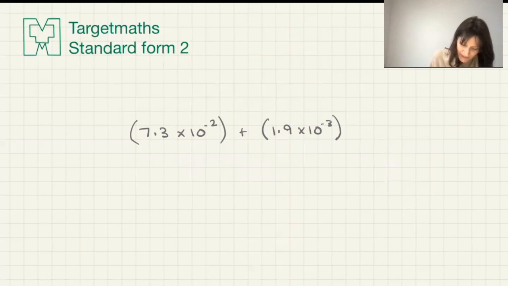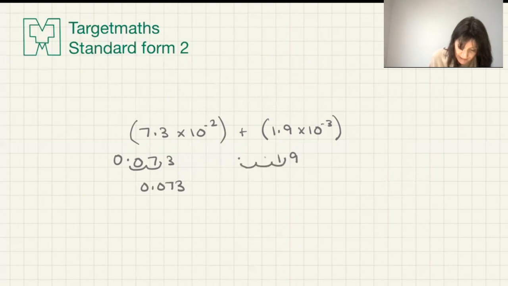Okay, so this question is 0. Well, let's not just write the answer, let's do it properly. So we've got 7.3. We're going to make it smaller by 1, 2 movements. I've got a bucket to fill, so I've got 0.073. I've got 1.9. This is 3 movements. So 1, 2, 3. It's going to end up here.